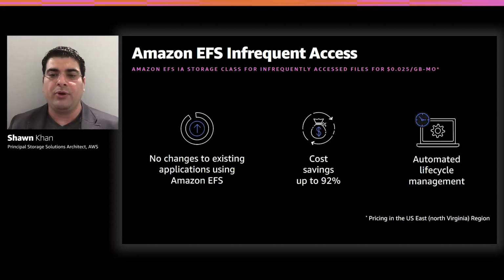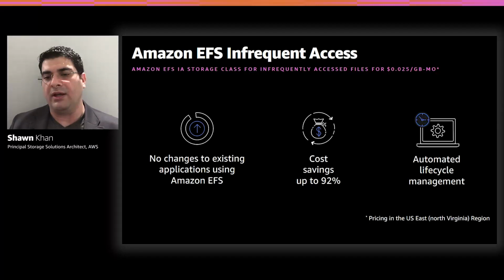The baseline throughput is typically used to calculate your burst credits and your burst rate, and it is also used to calculate the amount you'll be billed for when you're using provisioned throughput. When we look at how costs are metered within a file system, standard storage is metered in increments of 4 kilobytes.